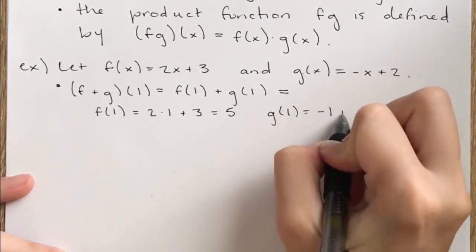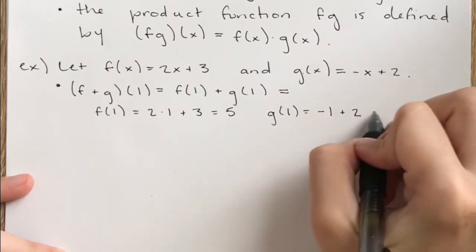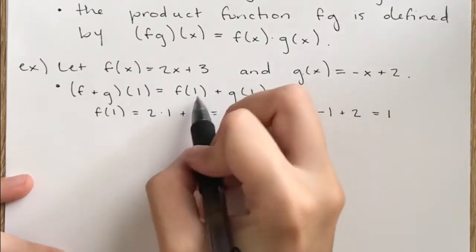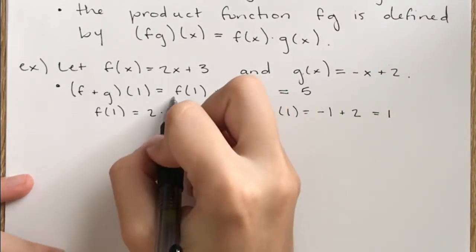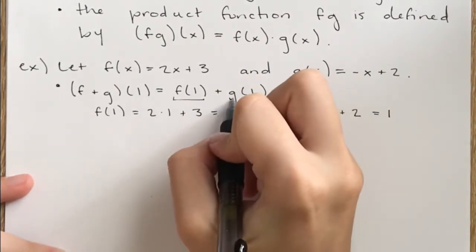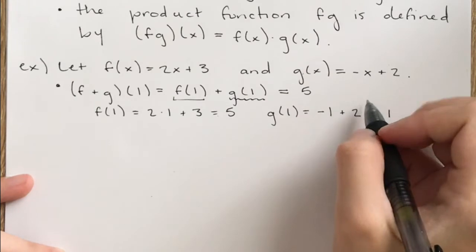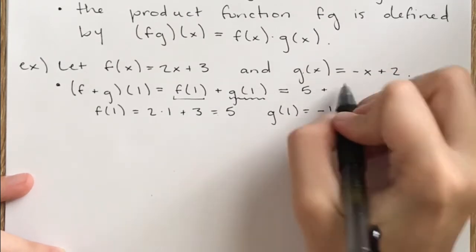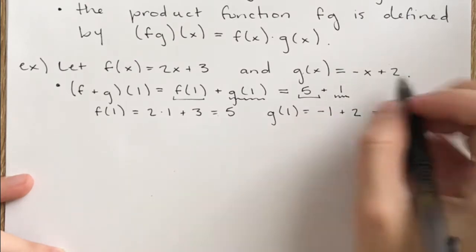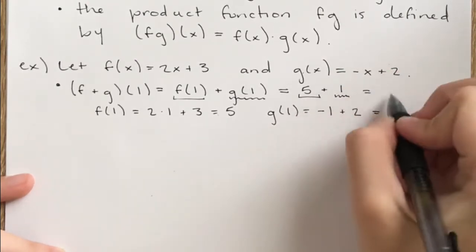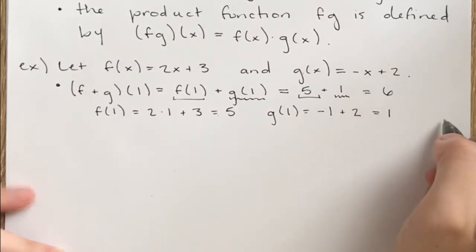So we have negative 1 plus 2, which is 1. So f of 1 is 5. Let's replace f of 1 with 5, and g of 1 is 1. And then we add them together and we get 6.